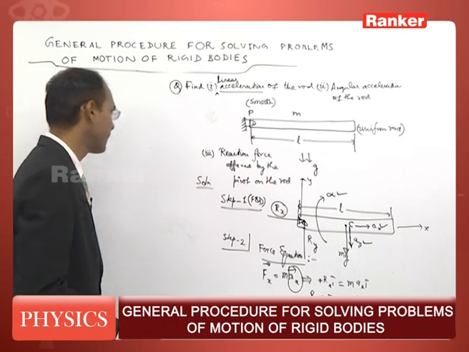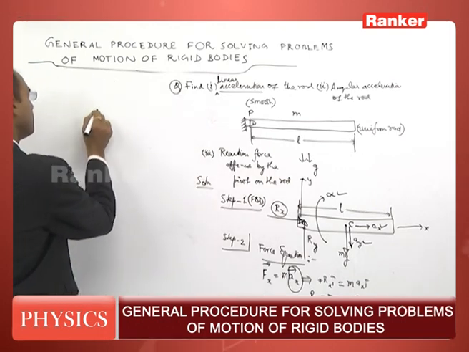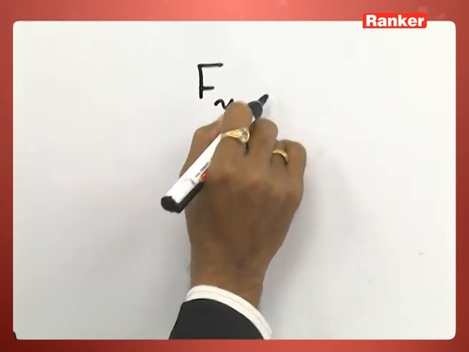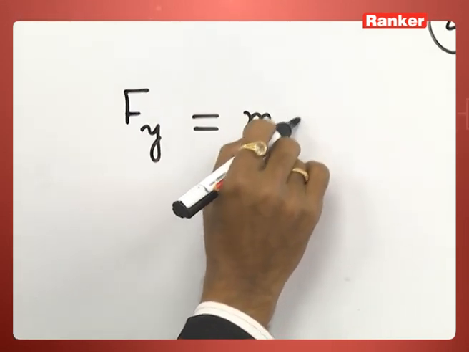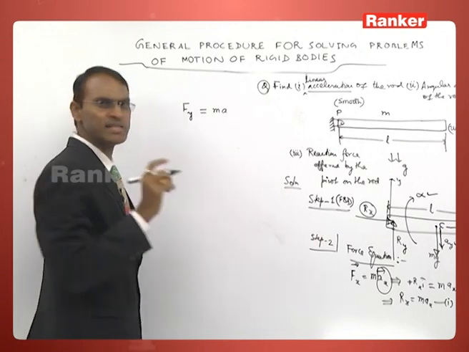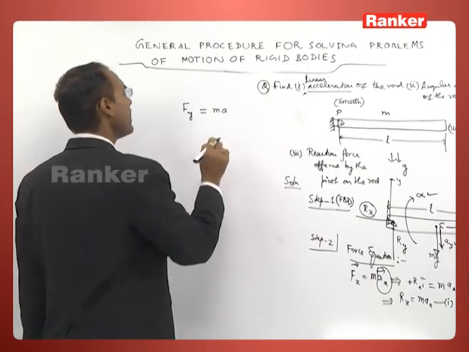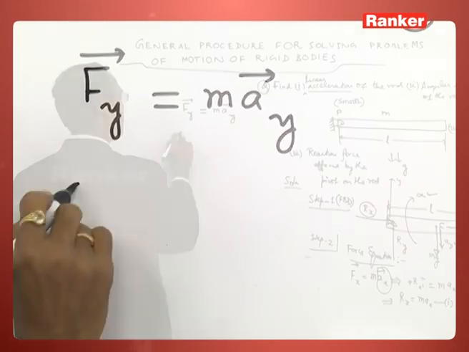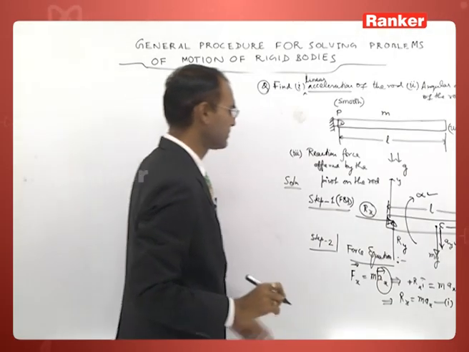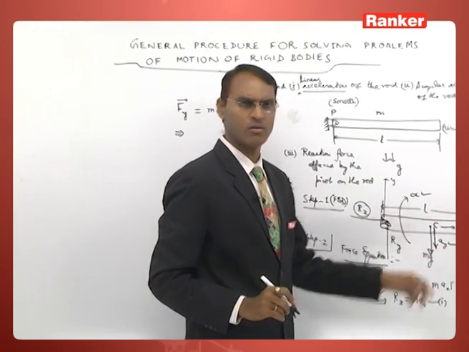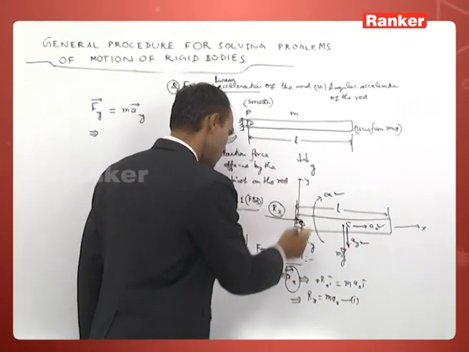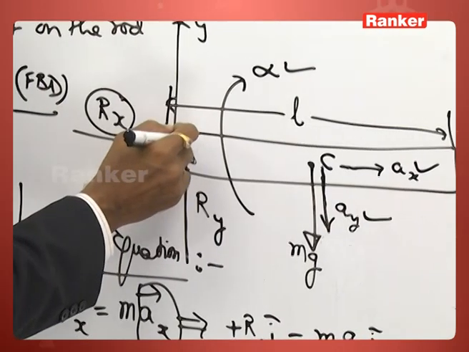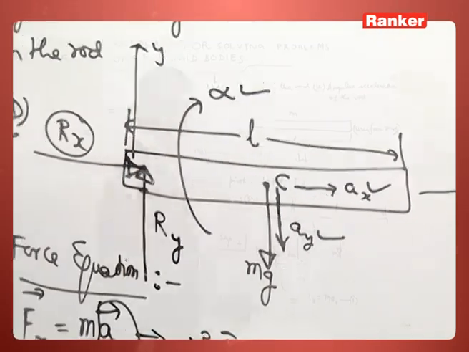Along y direction, the net force let be Fy, that is equal to mass times acceleration of the center of mass along y direction, that is Ay. There are two forces acting on the rod along y direction. One is the component of the reaction force, that is Ry.